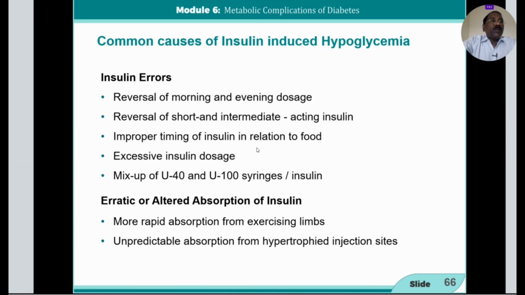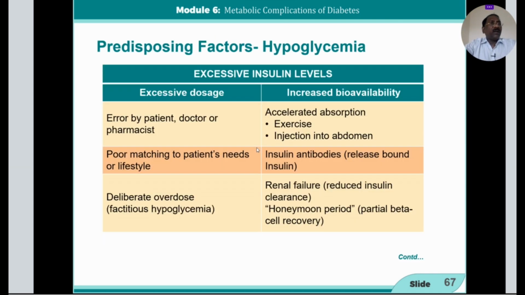With the 40 units insulin, you have to give it twice, but with the 100 units per ml insulin, we can give it in a single shot. Now all the analogs are cartridges, and they are all 100 units per ml.